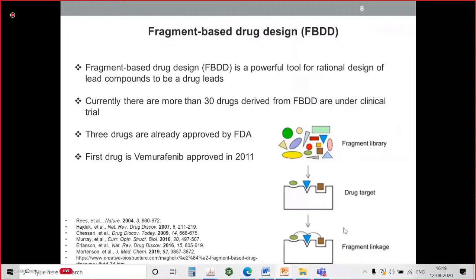As I told you, this approach is very beneficial in reducing cost as well as time. Currently 3 drugs have been approved by the FDA, and the first drug approved from FBDD is vemurafenib in 2011.